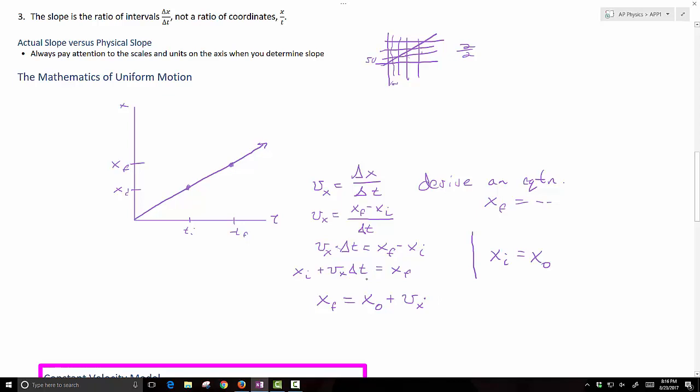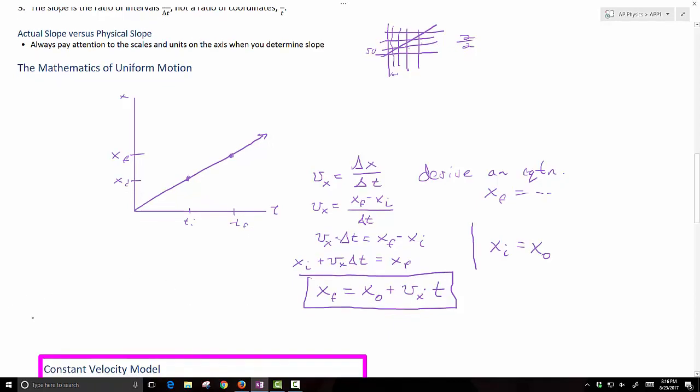But again, we usually start time at 0, so we could just say t. And this is our first kinematic equation. The final position is given by the initial position plus the velocity times time. It's actually pretty simple. And what's nice is if you put your origin at the initial position, it's just the velocity times time that will tell you the final position.